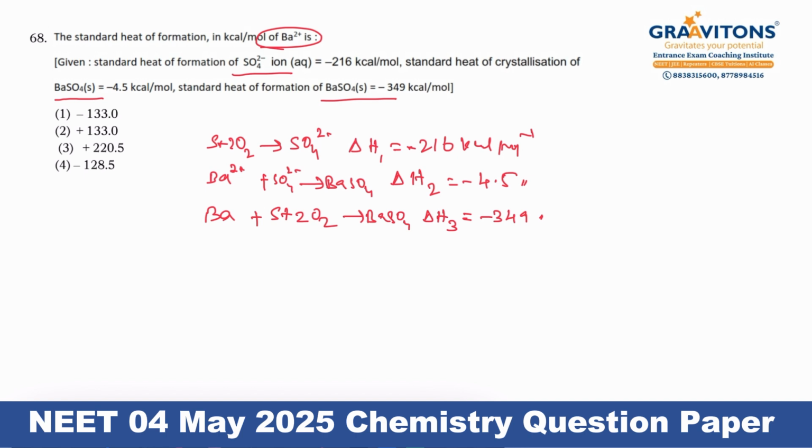We need to find the standard heat of formation of barium 2 plus ion aqueous. So we need the conversion from the solid to Ba2 plus aqueous. So on solving all these 3 equations, we have to bring the 4th equation. So let us assume these as 1, 2 and 3, and this is 4, what we need.